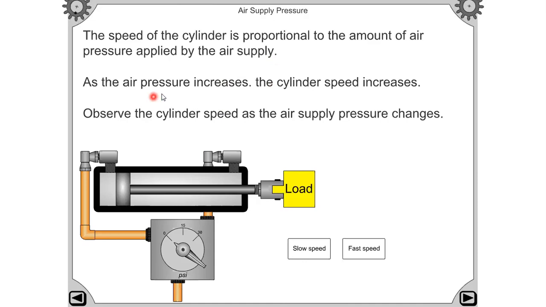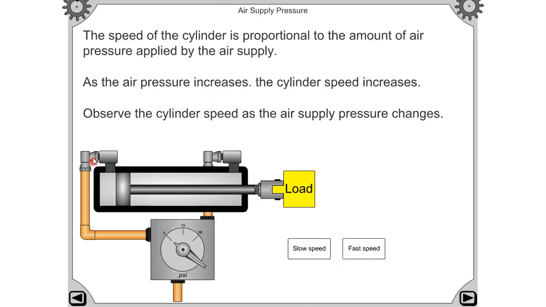As the pressure increases, the cylinder speed will increase. So we can observe the pressure changes here for the slow speed and fast speed.